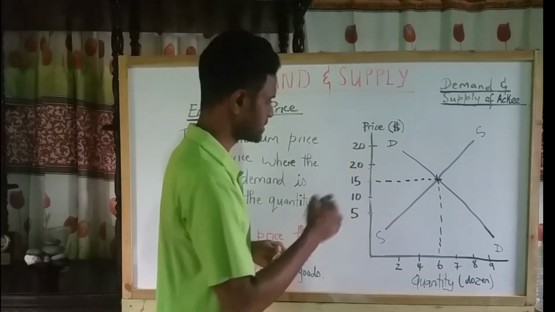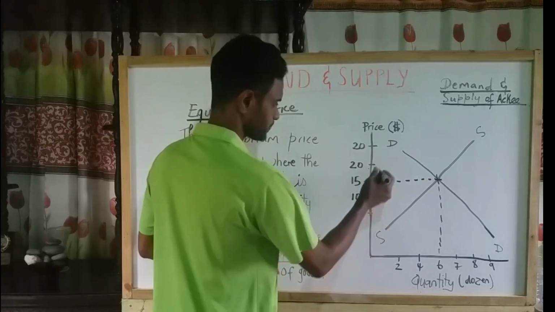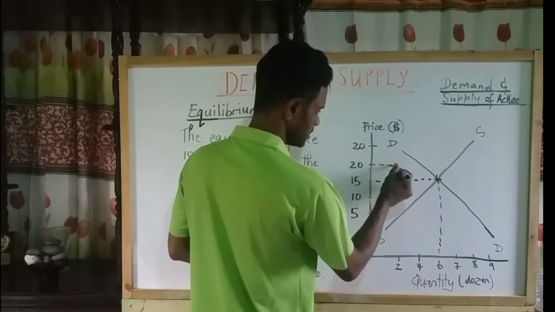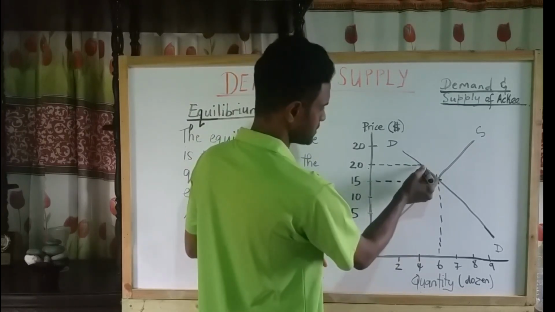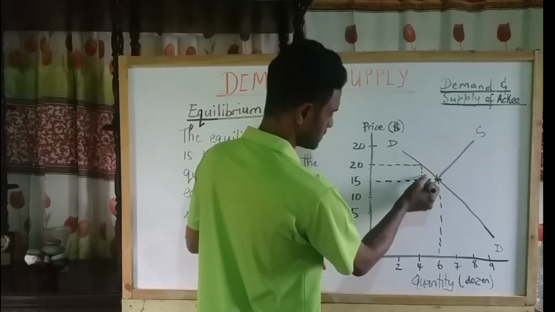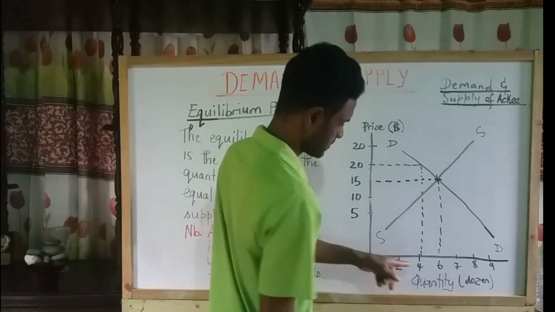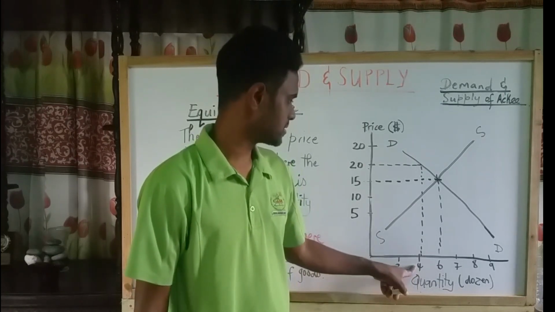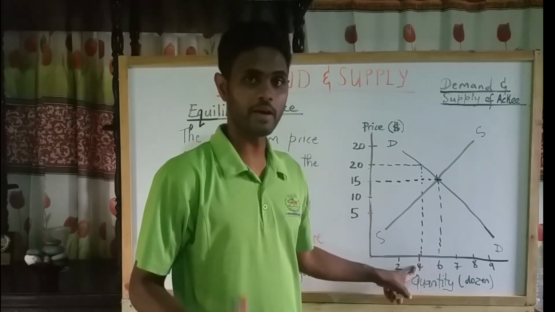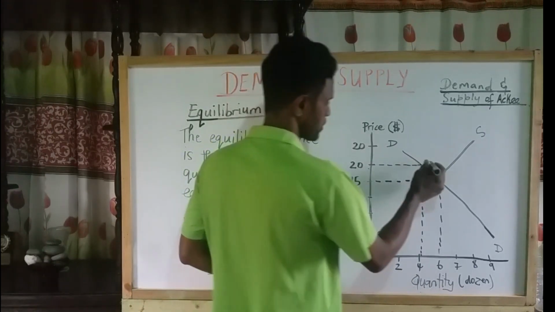Let me illustrate. Say for example, you're looking at the price at $20. Trace the line. You notice here it tells you the quantity demanded. So we go down from the demand curve and it shows you that it's about 4.1 dozen ackees that is demanded. But let's just look at the amount that is supplied at this price, at the $20 price.